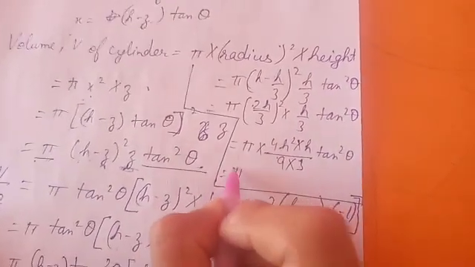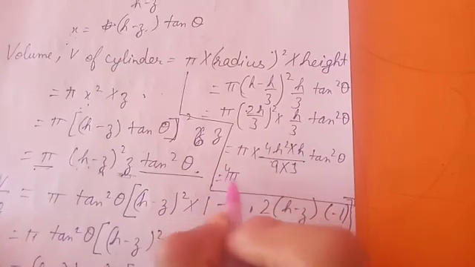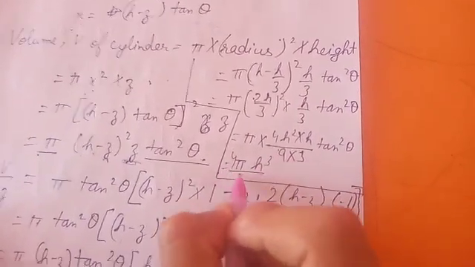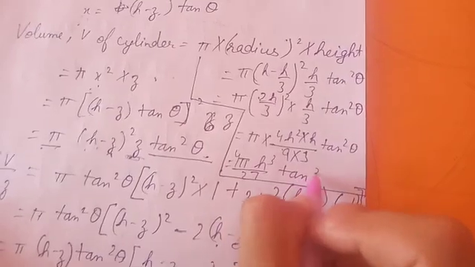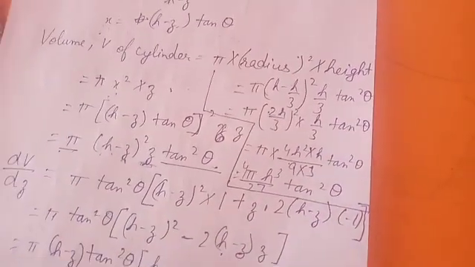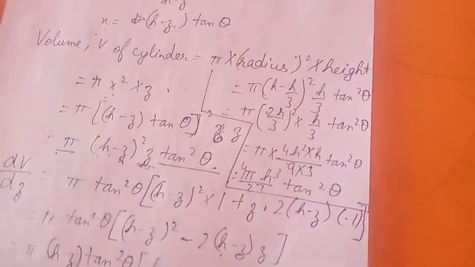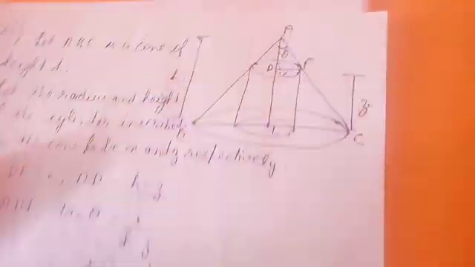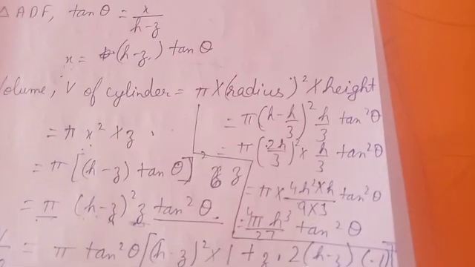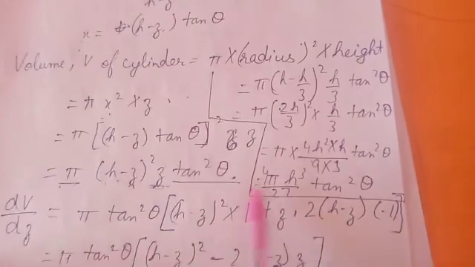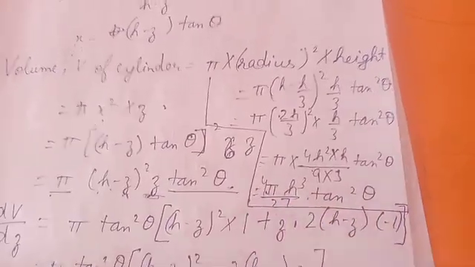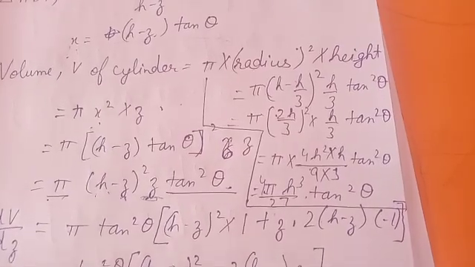That is 4 pi h cube by 27 tangent square theta, and that was our required one. Okay, hence we have found that the volume of our cylinder is maximum when the height of cylinder is 1 by 3 of cone and the maximum volume is 4 pi h cube by 27 into tangent square theta.